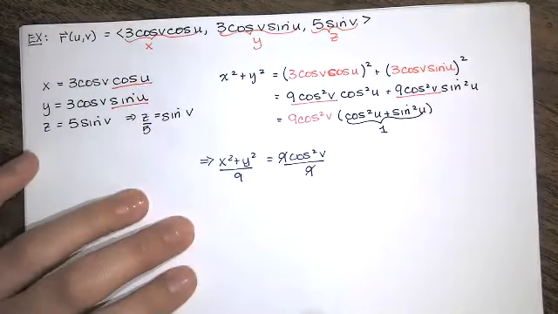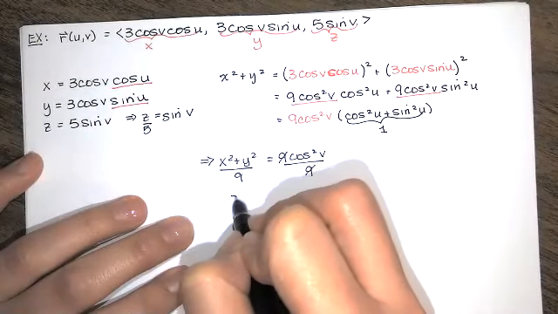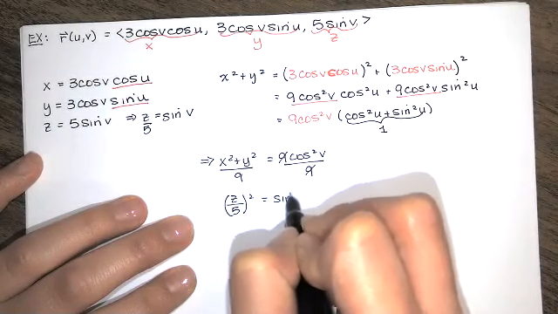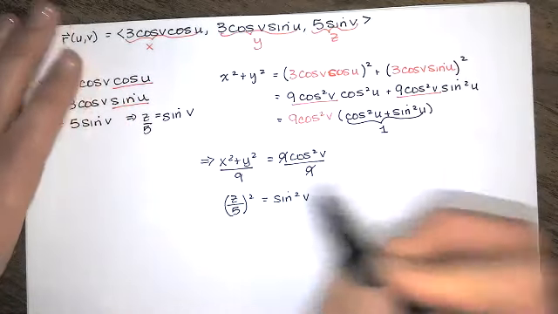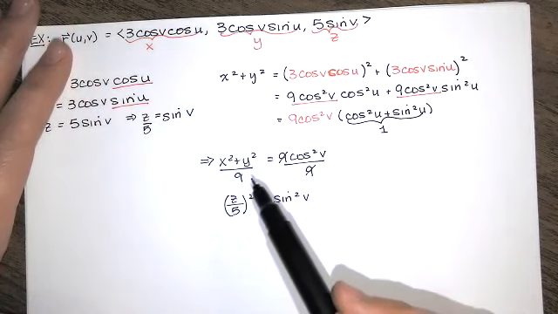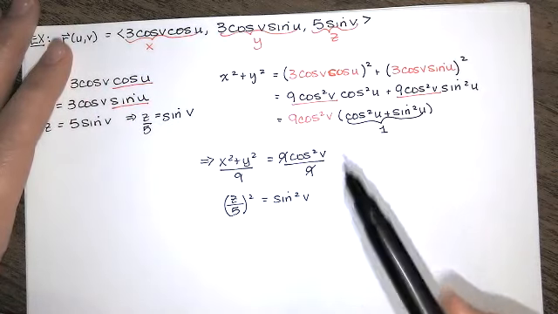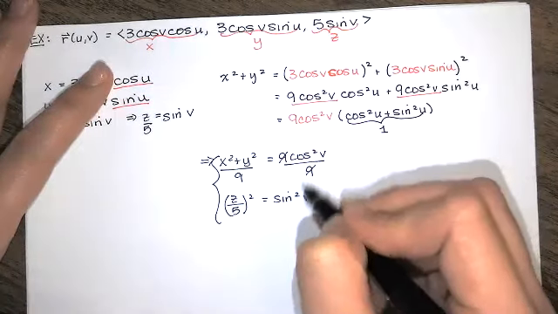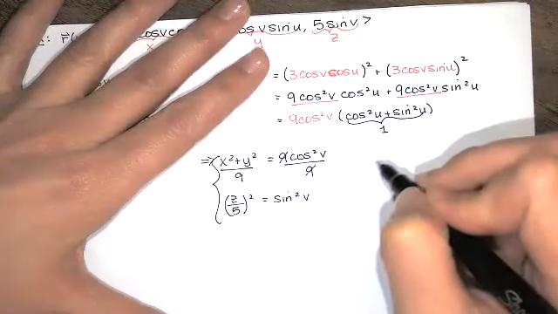And then I'll take this equation for z, and I'll divide both sides by 5. Now if I take that and I square it, I get this. That side squared equals sine squared, and this equals cosine squared. And we know that when we put those two pieces together, cosine squared plus sine squared is 1.